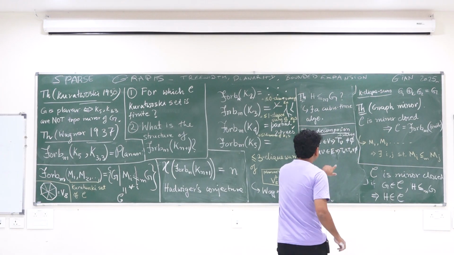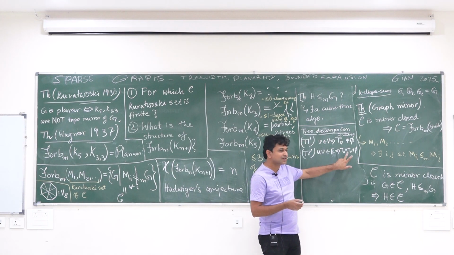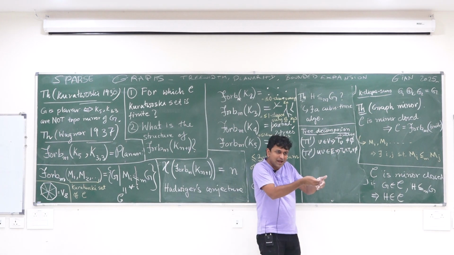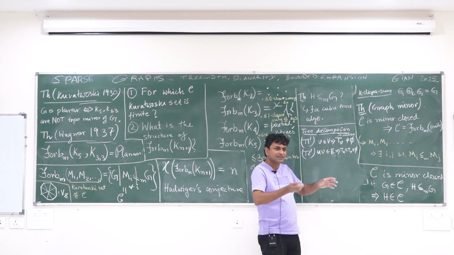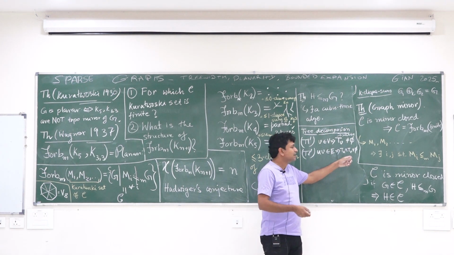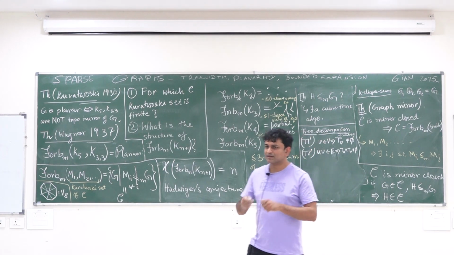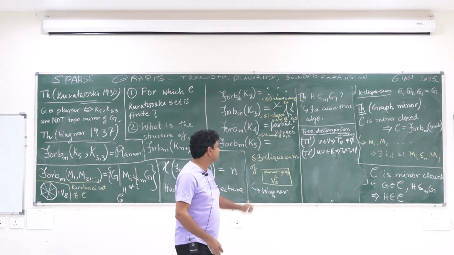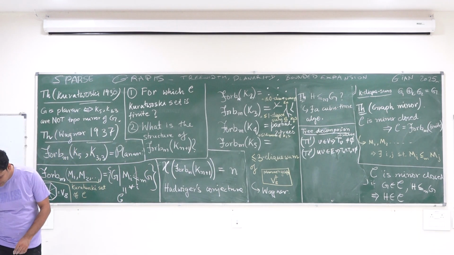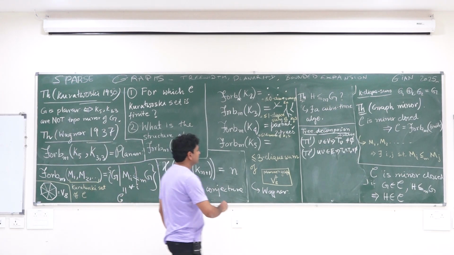So if these two trees have a common vertex, and all these trees are made of bags, that means they have a common bag. That bag is inside TU, which means it contains U. It is inside TV, which means it contains V. So both are there. These are the conditions you have.